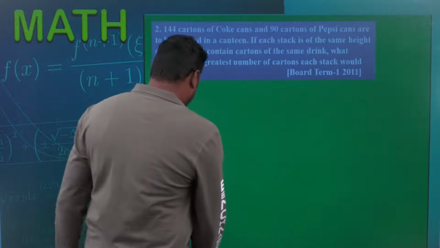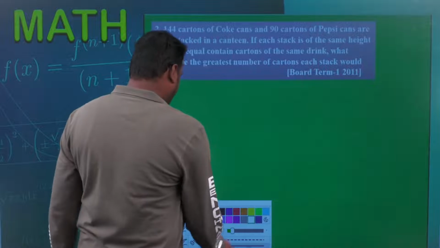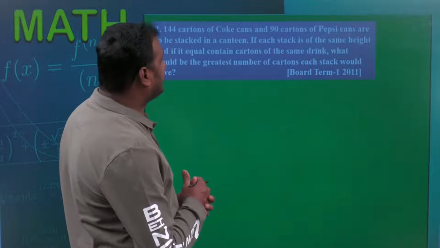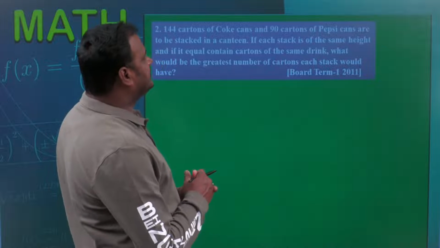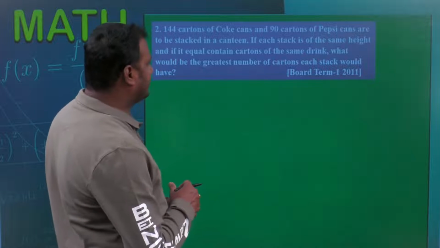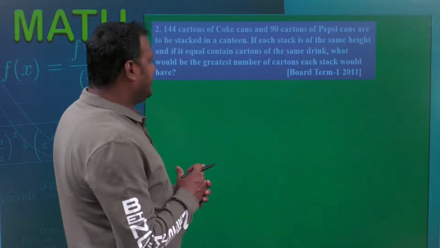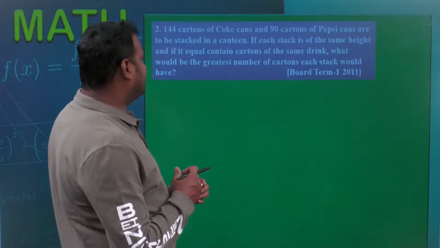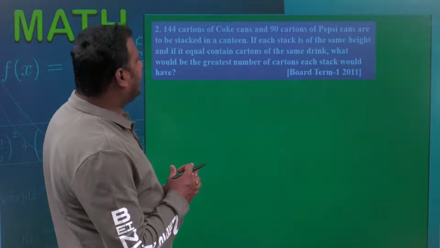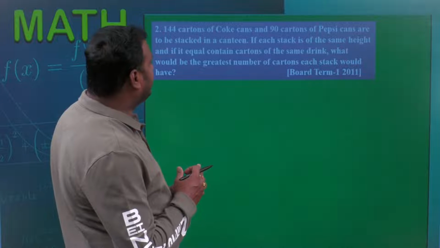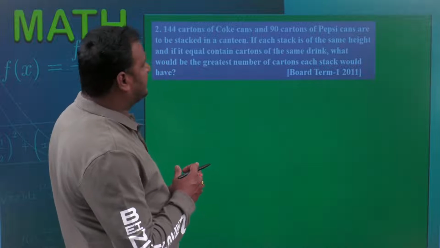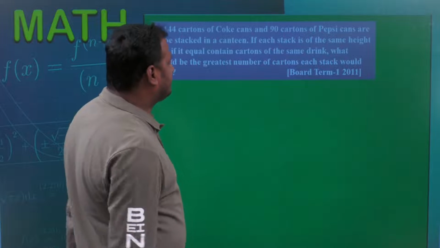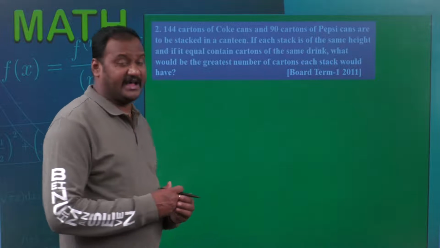Here the next problem is, observe this: 144 cartons of Coke cans and 90 cartons of Pepsi cans are to be stacked in a canteen. If each stack is of the same height and contains cartons of the same drink, what would be the greatest number of cartons each stack would have?